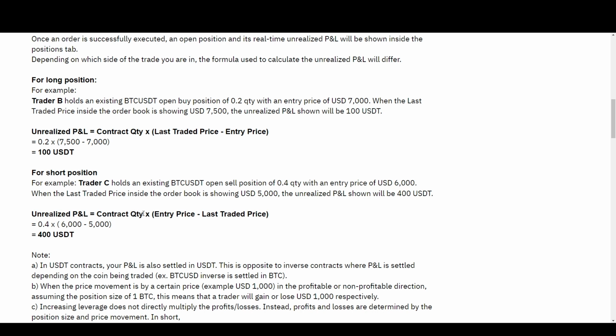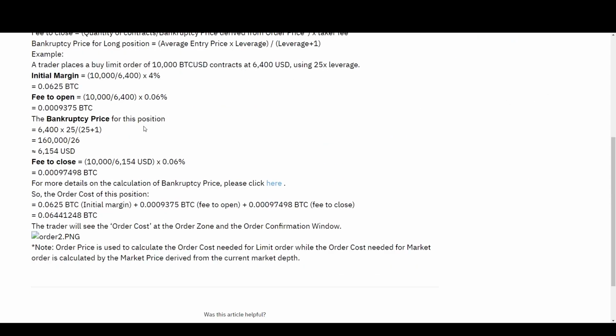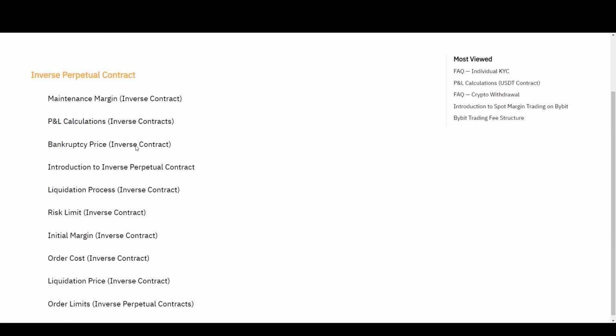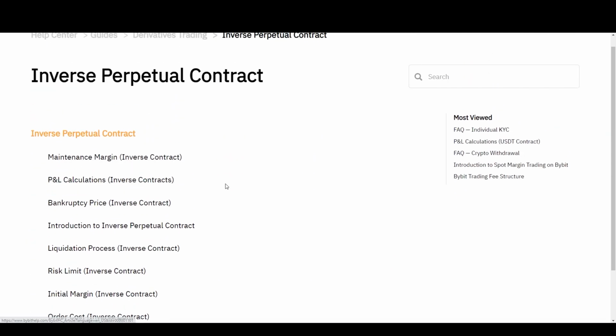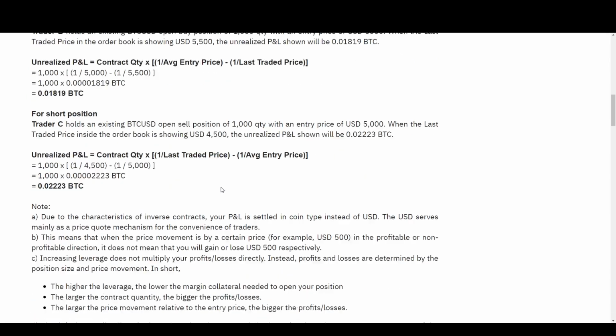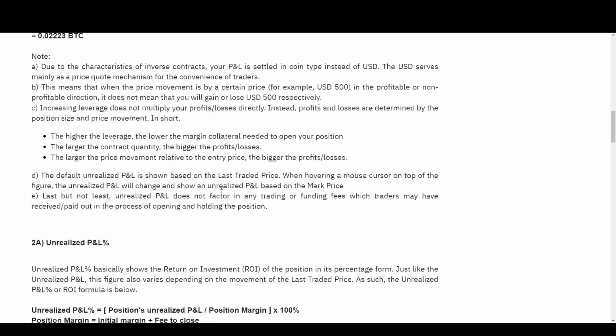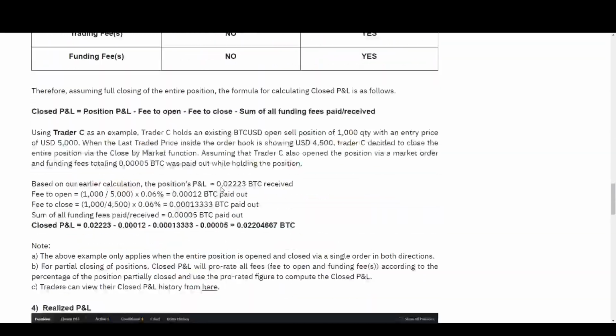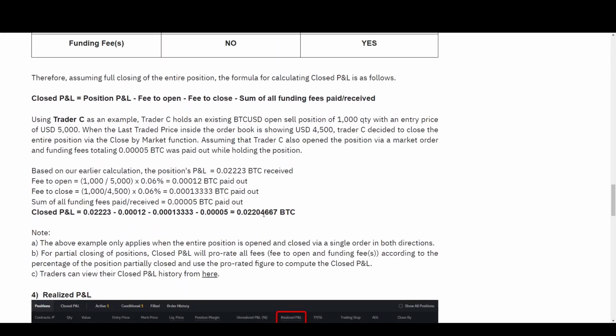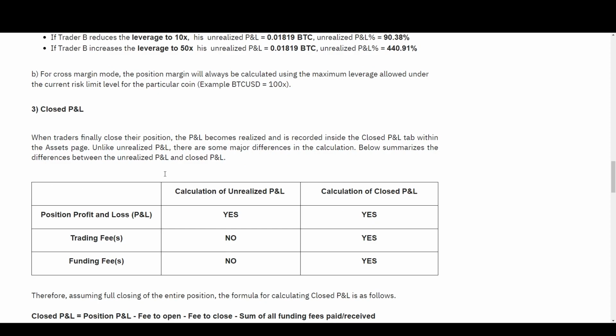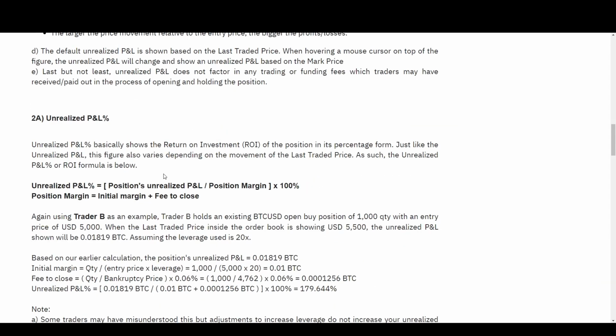So contract quantity times... I think this is the only one where maybe I need to use the inverse. P&L calculations. Oh no, this gives you BTC prices.